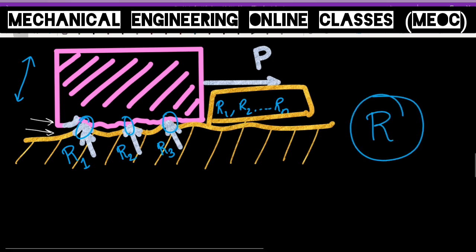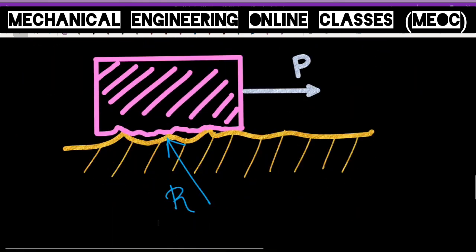So let us replace all these R1, R2 and so on with its resultant R. So now the external force is P and there is a resultant R. But again, as the pink object slides rightward, the number of points of contacts and the peaks that they are getting in touch with, and the R1, R2, R3 and so on, they all keep changing. So R also keeps changing, and the angle at which it is acting also keeps changing.